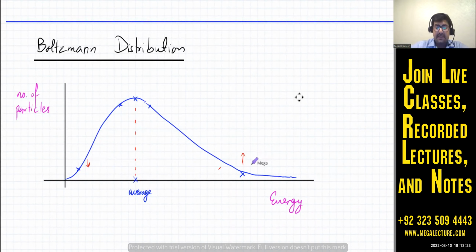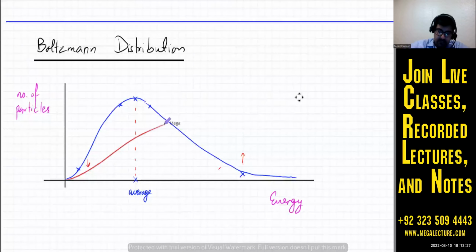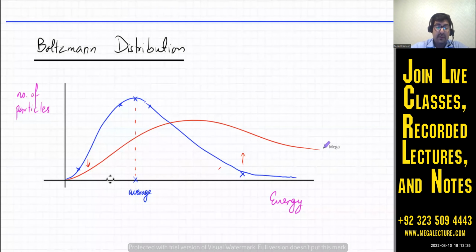So when you increase temperature, the curve skews to the right. It drops from the left. The number of particles having low energy decreases, and the number of particles having higher energy increases. And your average energy value also shifts to the right, because this is a curve for higher temperature.